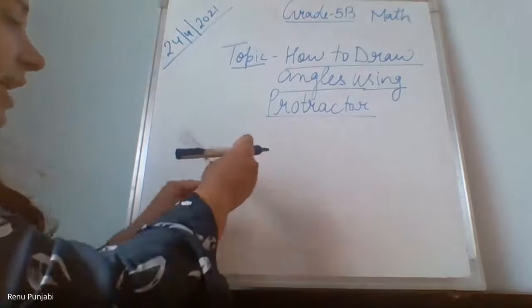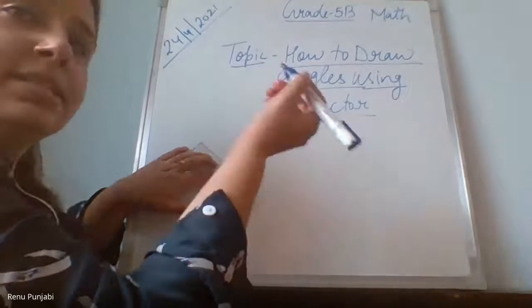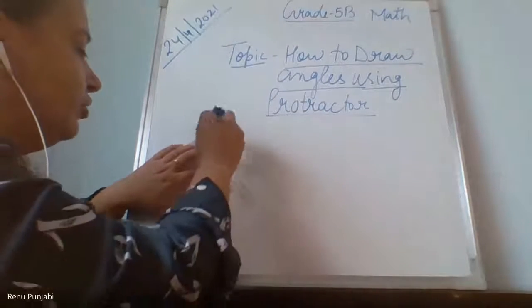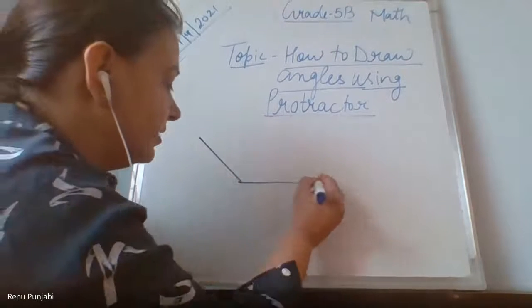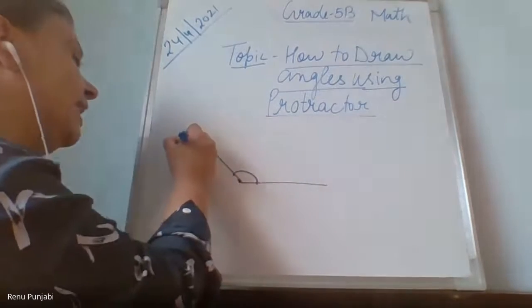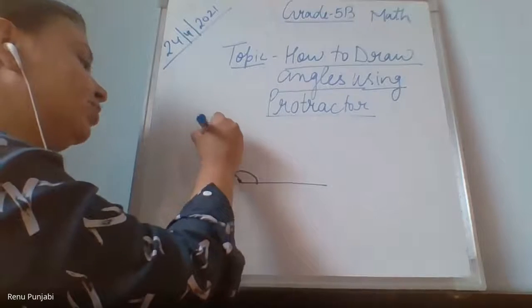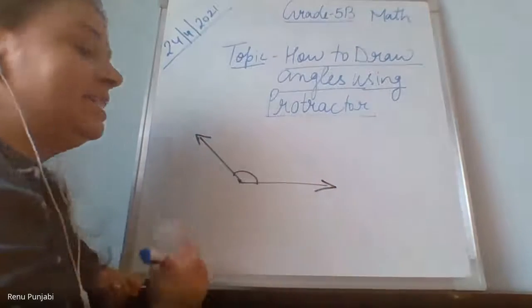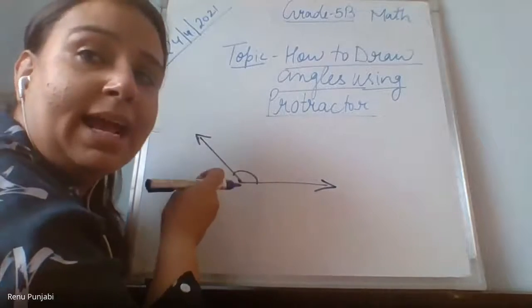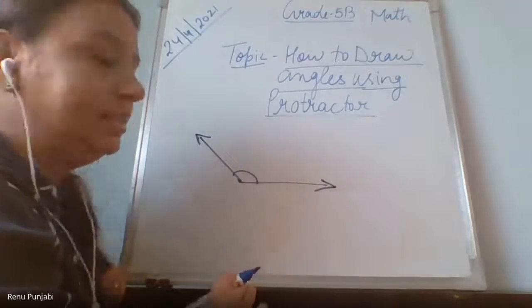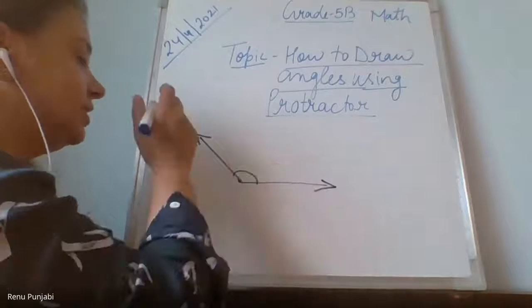If I am taking my scale and my pencil or a marker, I am going to draw two angles like this. One is like this. Please put an arrow here because these are rays. Rays have arrows because they can be extended to any length. So put the arrows. This is my angle.